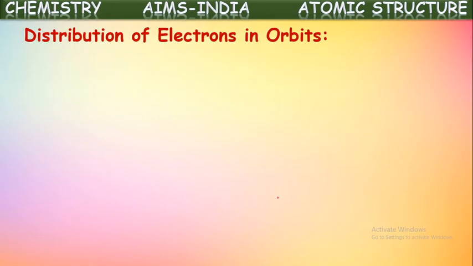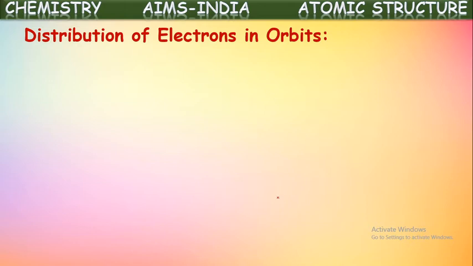Now let us talk about the distribution of electrons in the orbits. Niels Bohr said that electrons revolve around the nucleus in specified imaginary paths, which are called orbits or shells. Now, how are these electrons distributed in these orbits? There are many orbits like K, L, M, N and so on.